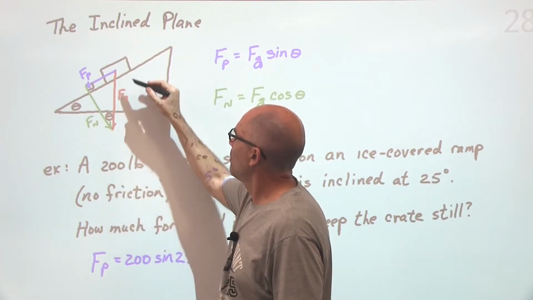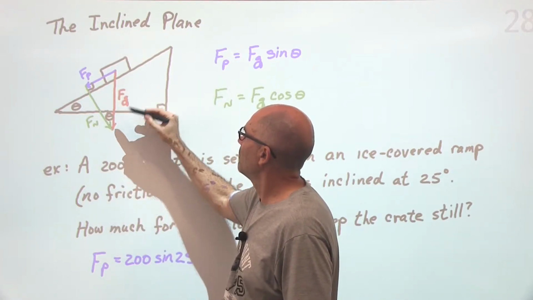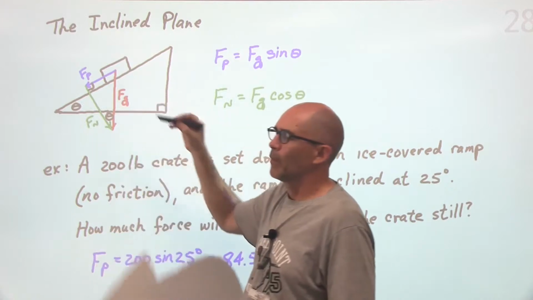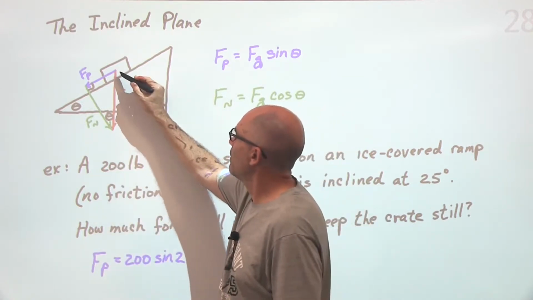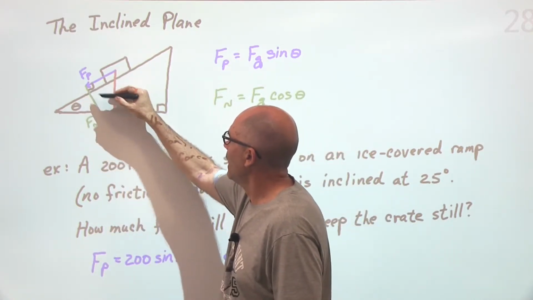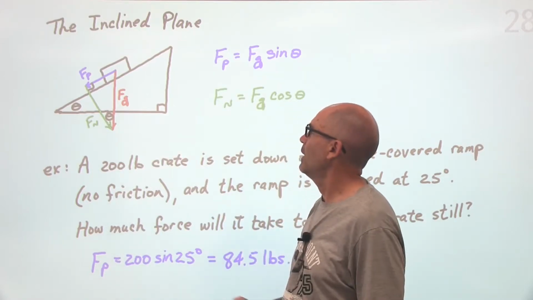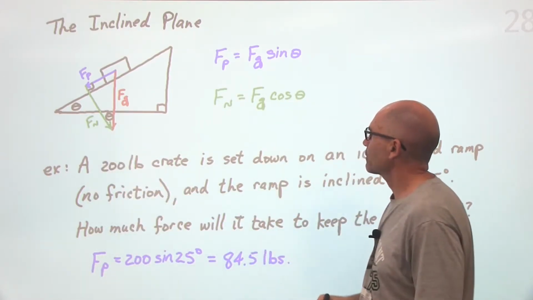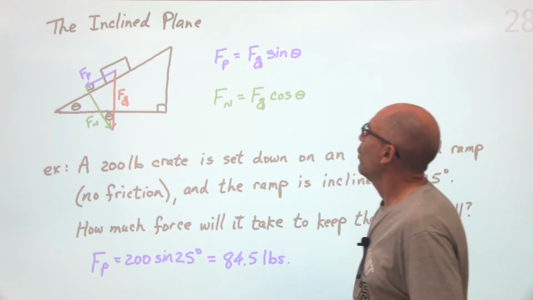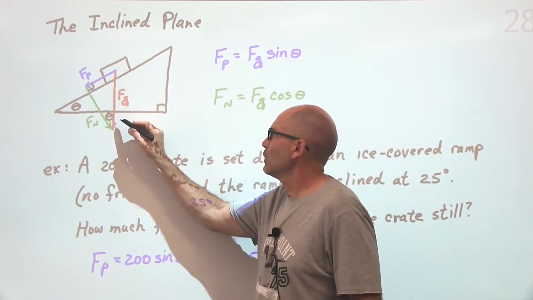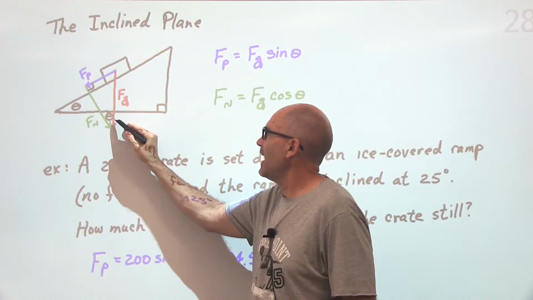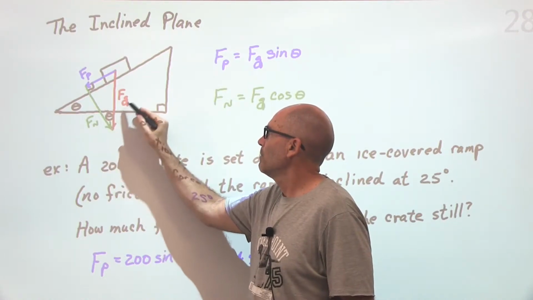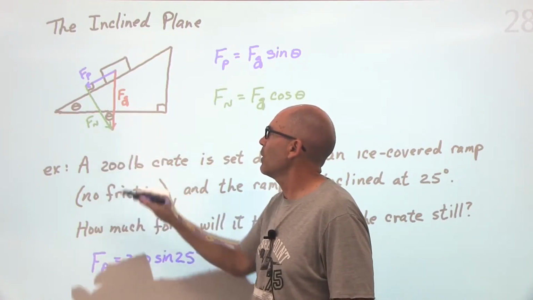So basically gravity is being reduced into 2 components: the force down the ramp and the force onto the ramp. And we have F sub n because it's called force normal. When you make this triangle of forces, there's an angle between gravity and force normal.